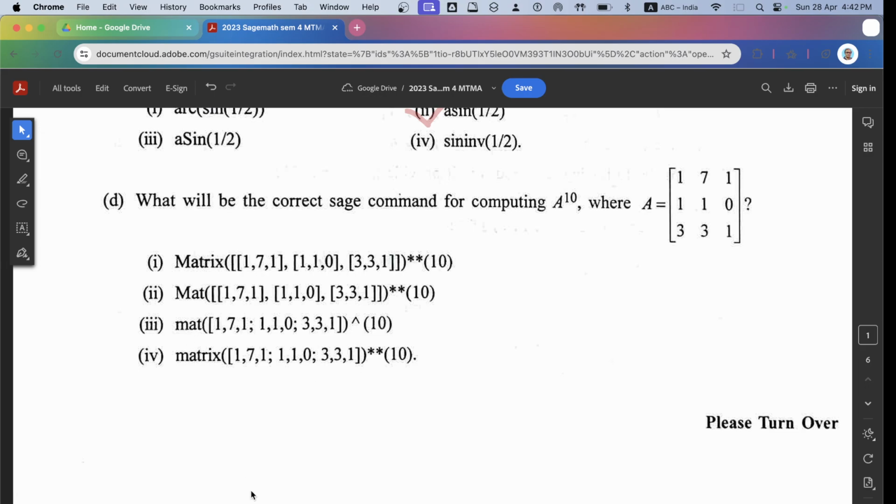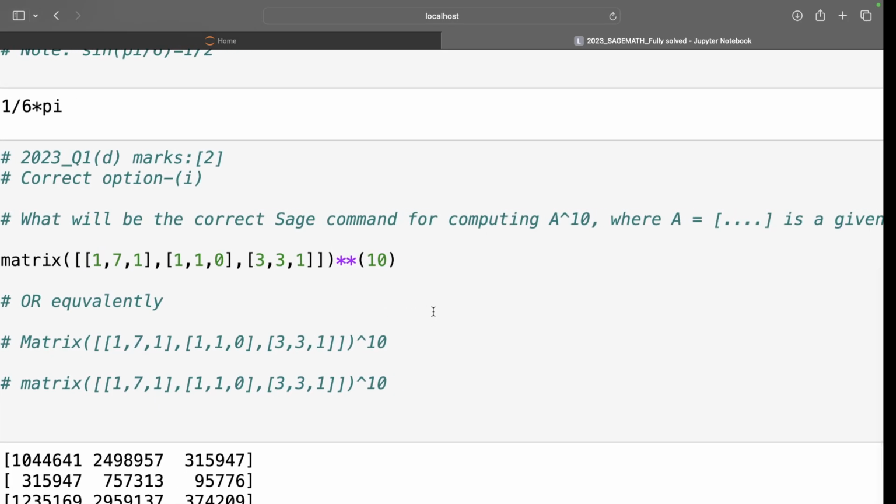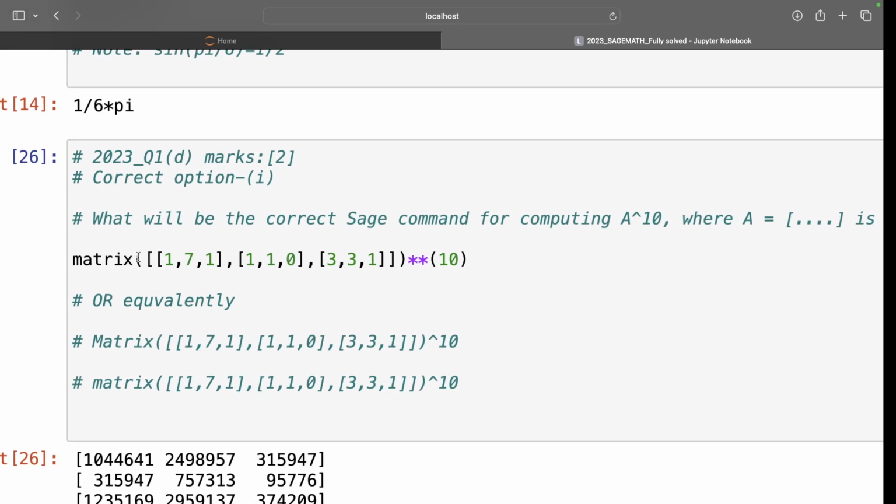The correct option is matrix, first bracket, parenthesis, next third brackets, within third brackets you write the first row 1, 7, 1, this is row wise, actually write here rows, then 1, 1, 0, then 1, 3, 2, 3, 1, and double star 10.